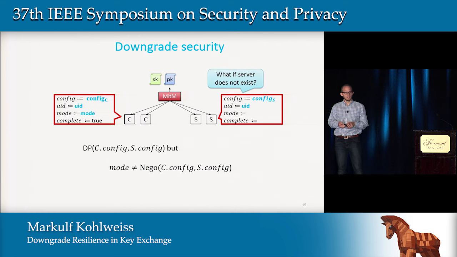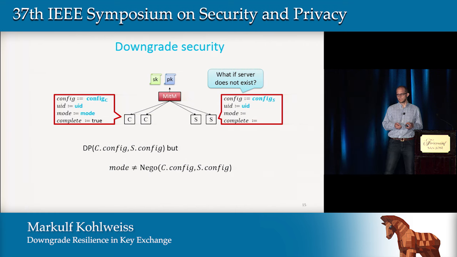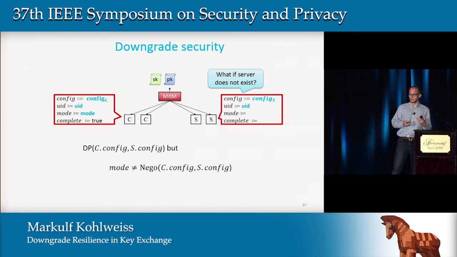In our paper, however, we give a separate security definition, partnering security, for which exactly this is the winning state of the attacker. And we show that for typical key exchange protocols, whenever they are downgrade secure, they also meet this partnering security property.